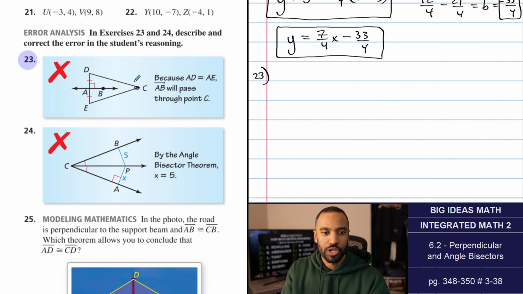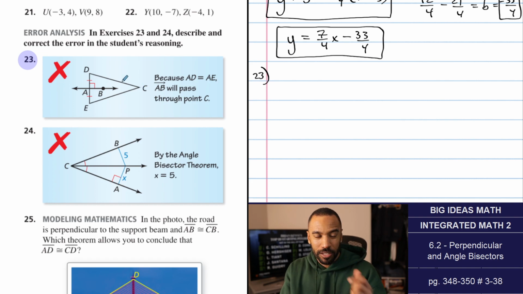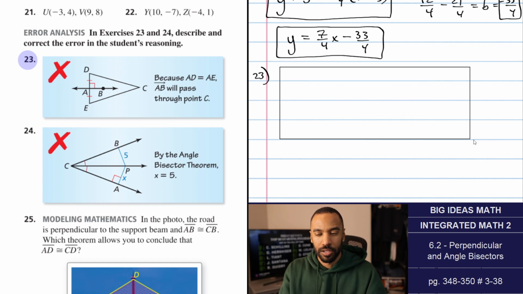We don't know any information about point C. I know that point B is equidistant to these two things, perpendicular bisector, blah, blah, blah. I know all that. I don't know that C is on the perpendicular bisector because we don't know that these two things are equidistant. So when it says correct the error, I don't know what to correct because there's just not enough information in the problem to make that conclusion.